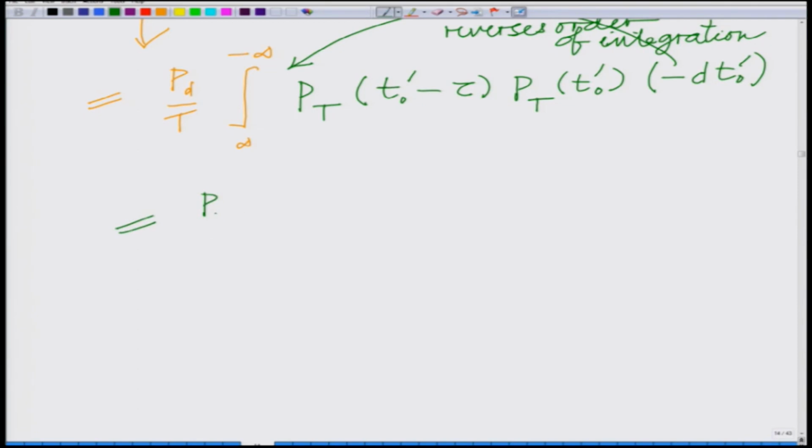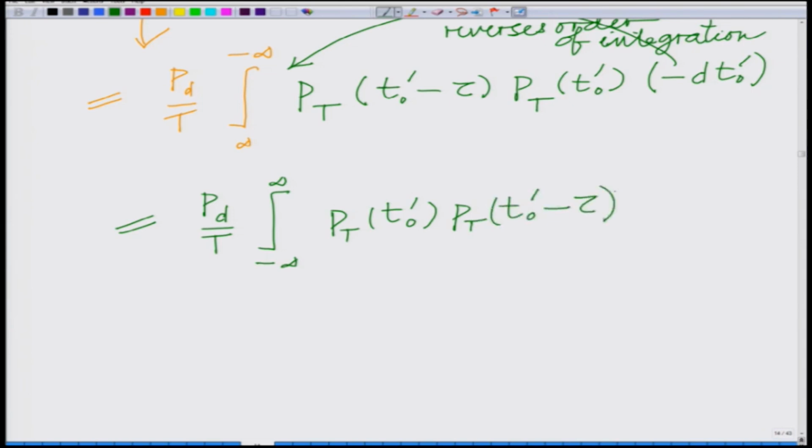So, therefore, we have something that is P d over capital T, integral minus infinity to infinity of P t into P t T naught prime minus tau. Remember, T naught prime is simply a dummy variable.